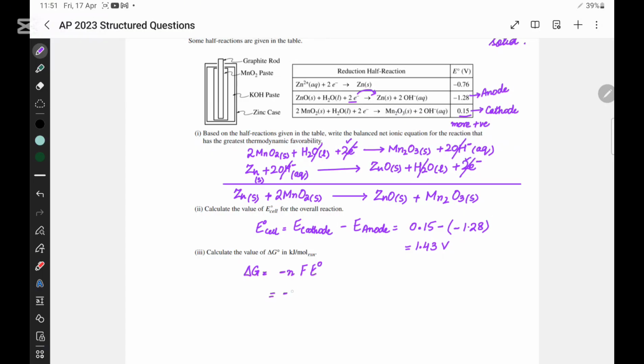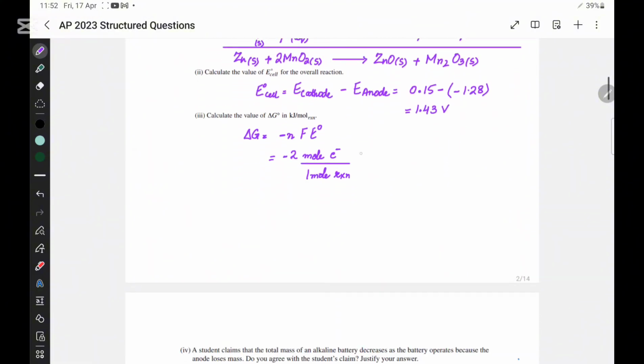So we are going to write minus 2 moles of electrons for 1 mole of reaction. And then we have to write the Faraday's constant.